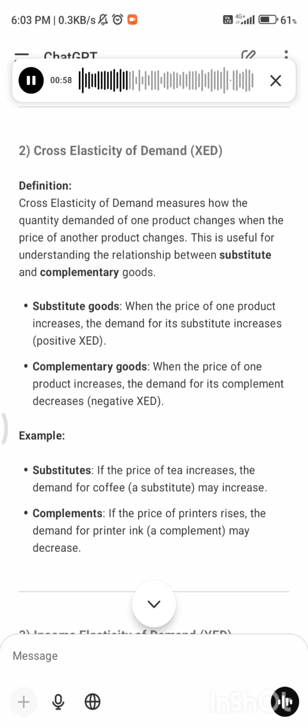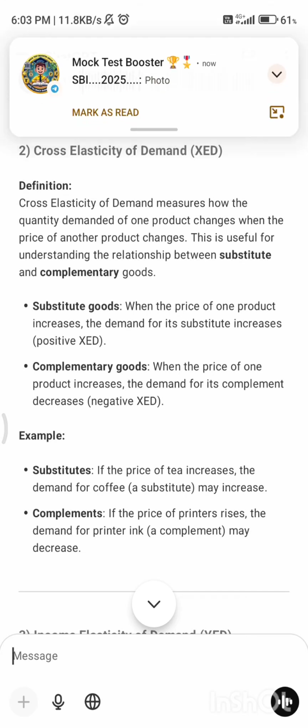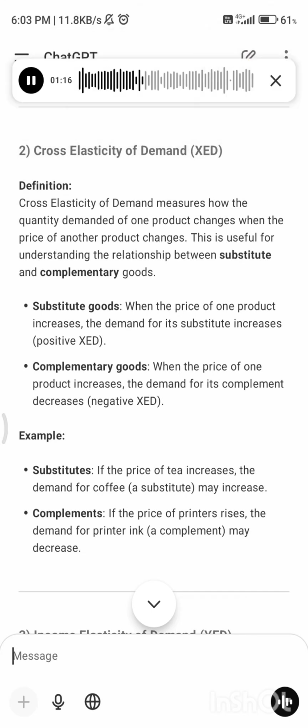2. Cross-elasticity of demand. Definition. Cross-elasticity of demand measures how the quantity demanded of one product changes when the price of another product changes. This is useful for understanding the relationship between substitute and complementary goods. Substitute goods. When the price of one product increases, the demand for its substitute increases.